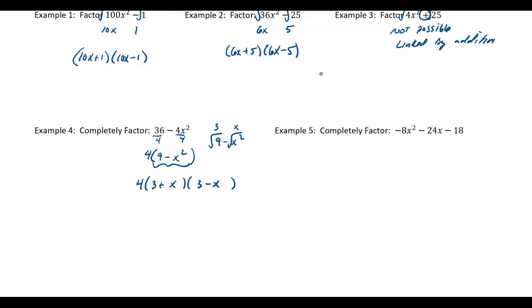The next one, if the leading coefficient is negative, we're going to pull out a negative. 8, 24, and 18, the greatest common factor there is 2. If I divide everything by negative 2, I'm going to get 4x squared plus 12x plus 9.